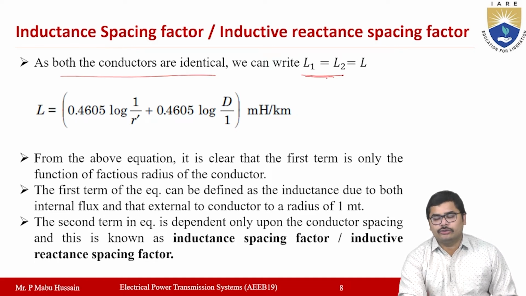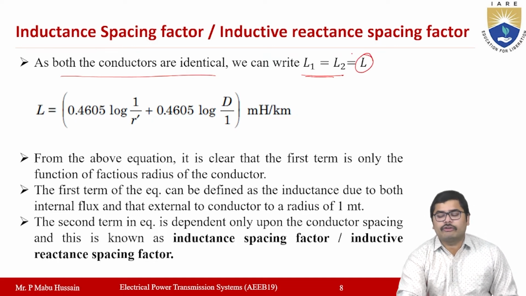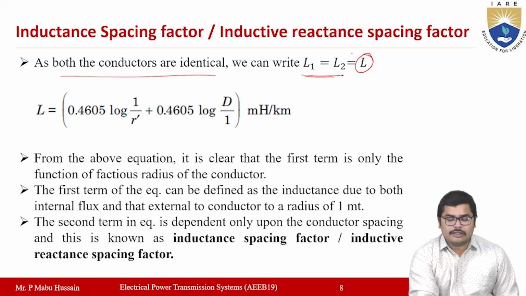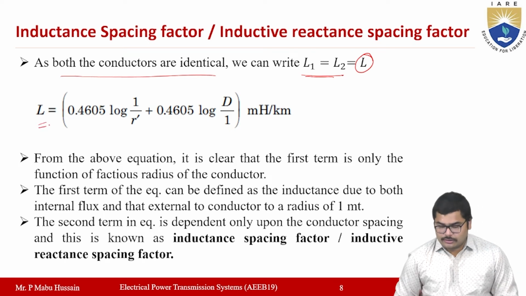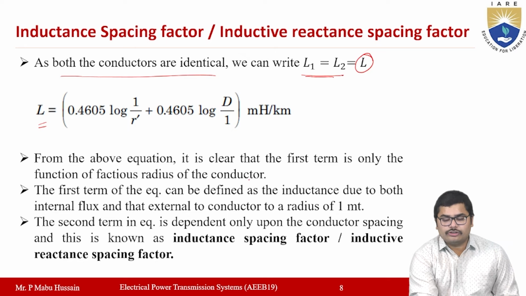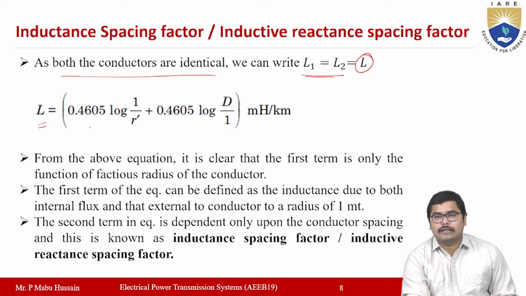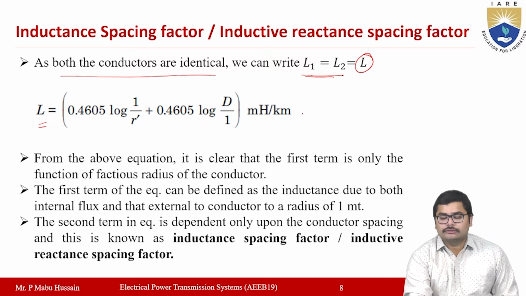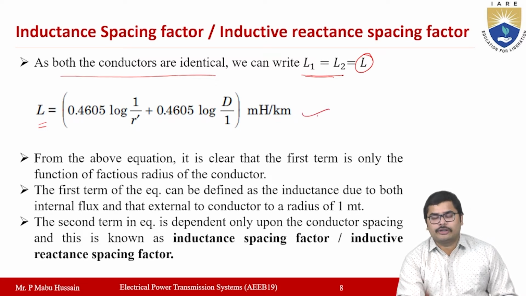L1 will be equal to L2. Let us assume this value is L. In such a case the inductance equation will finally be 0.4605 log 1 by r dash plus 0.4605 log d by 1, which is in millihenries per kilometer.